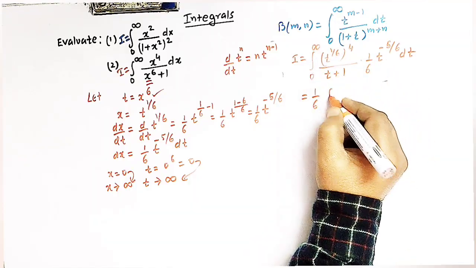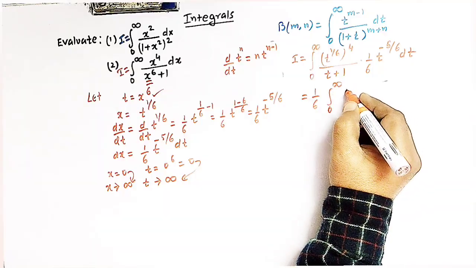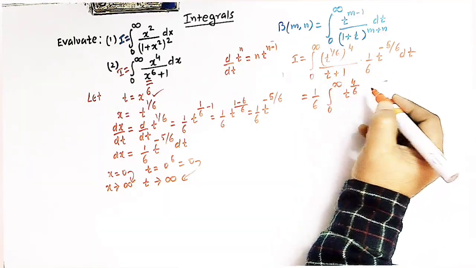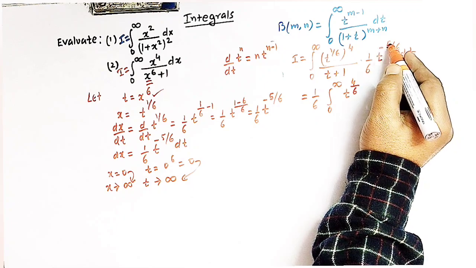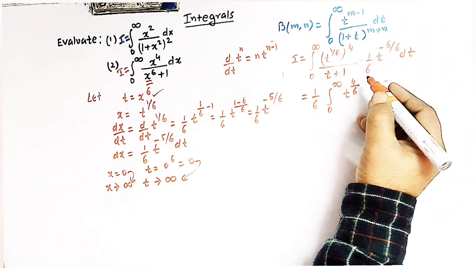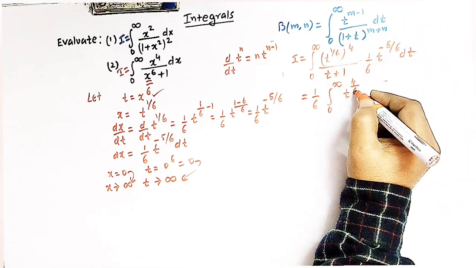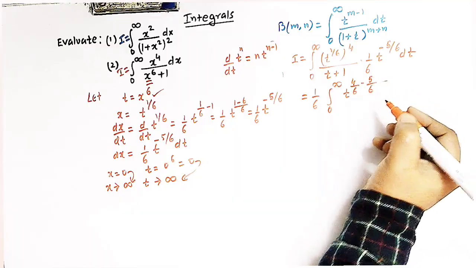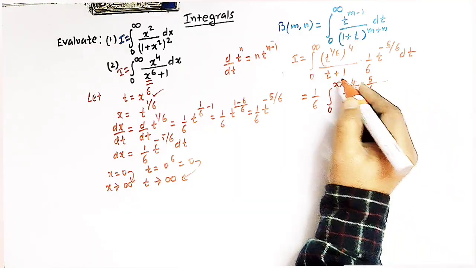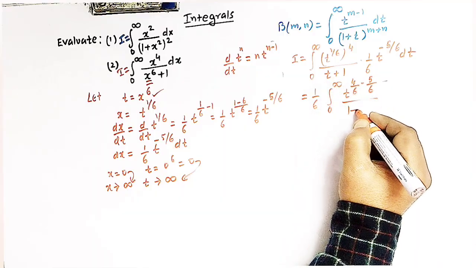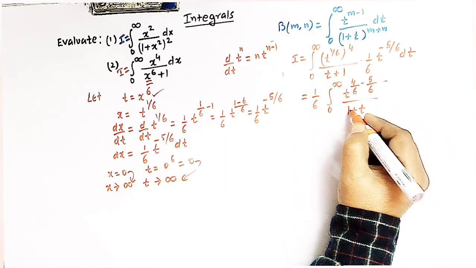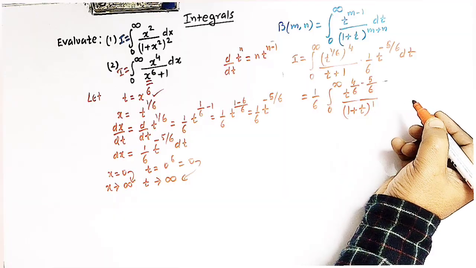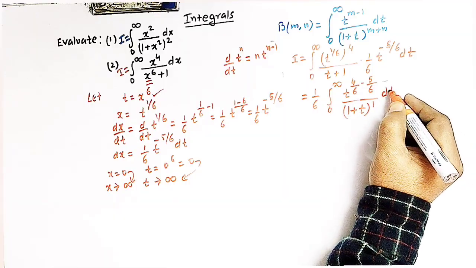So we have 1 over 6, 0 to infinity, and here we have t raised to 4 over 6, right? And here we have t raised to minus 5 over 6. So applying the laws of exponents, we have t raised to 4 over 6 minus 5 over 6, and in the denominator we have simply 1 plus t, and 1 plus t can be written as 1 plus t raised to 1, and here we have dt.